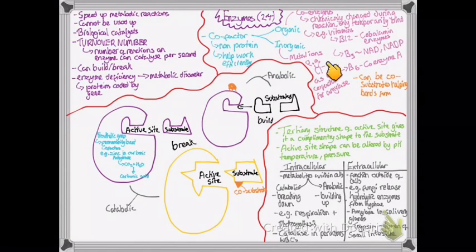All the examples I put on here I'd advise you learn. For coenzymes, the specification just says vitamins and their role. I've listed three, and I think there are five or six in the textbook. I'm just learning these three. If you think you should probably learn six, then go for it, have a look in the textbook. I ran out of space, so I put prosthetic group within this enzyme, which is basically what it's doing.